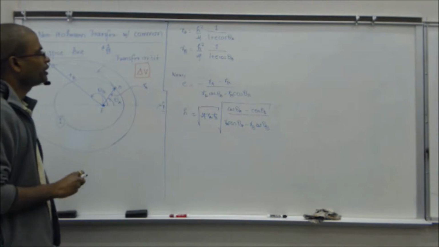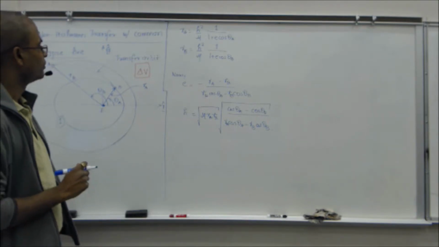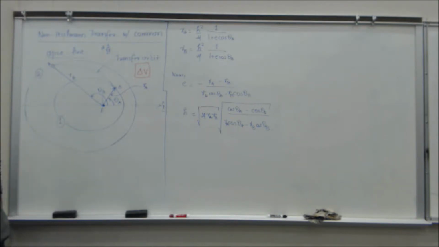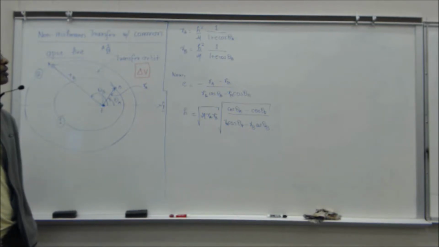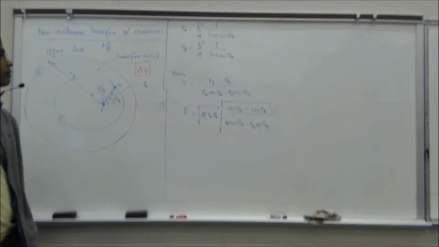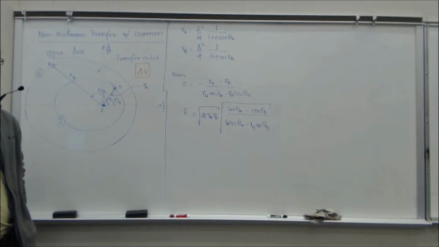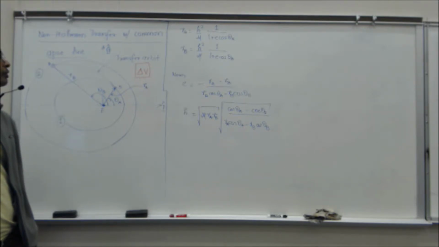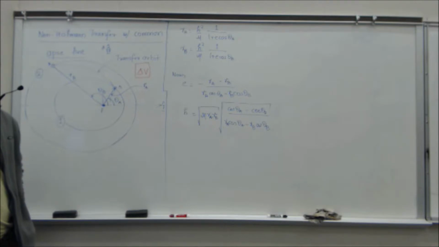What is theta A and theta B for Hohmann transfer? What is theta A for Hohmann transfer? You can look at it here and tell me. It is not a big deal. Where is the Hohmann transfer initiated?